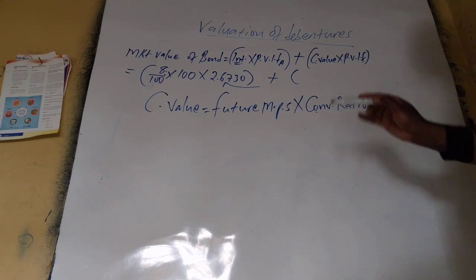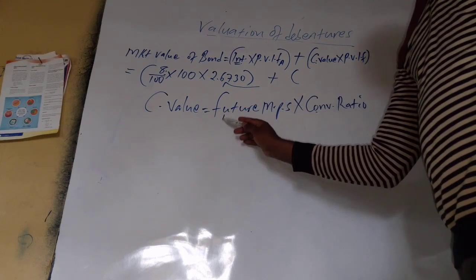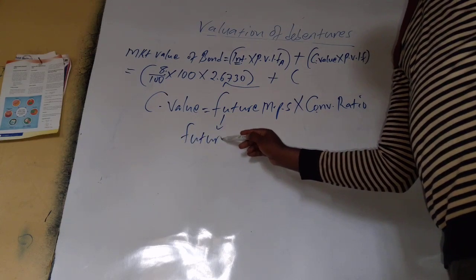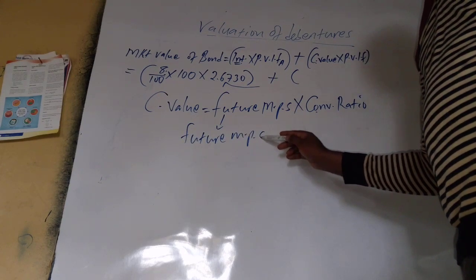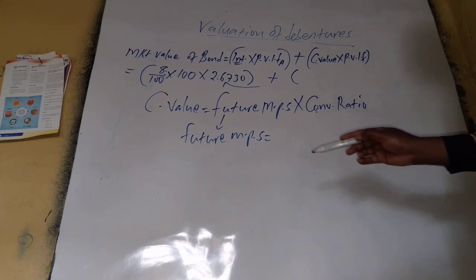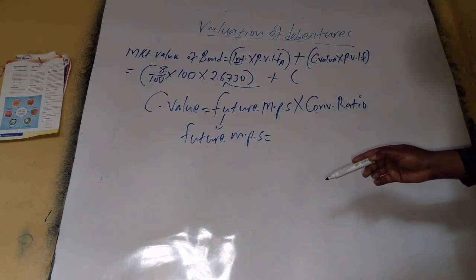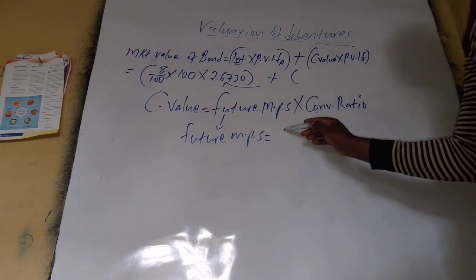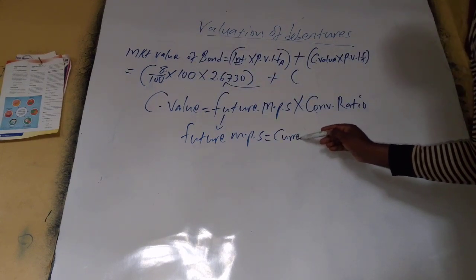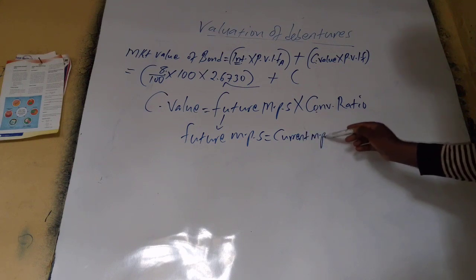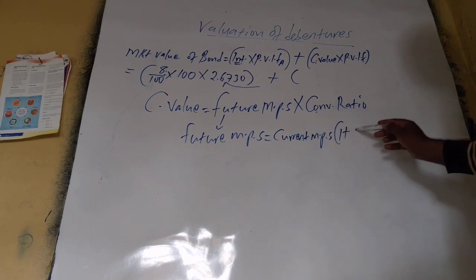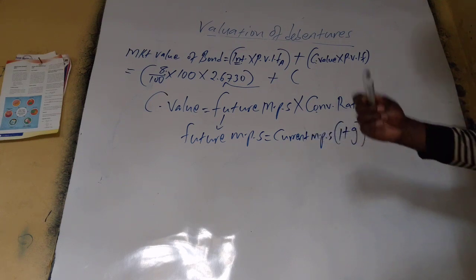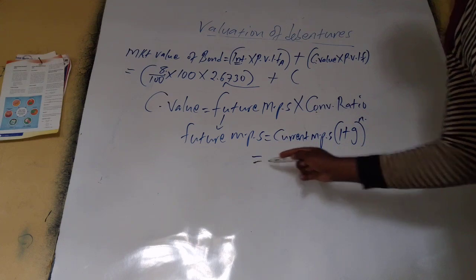Conversion ratio. And this future market price per share is equal to, remember we are converting the bond into shares, so this future market price is given by the current market price per share times 1 plus growth to the power of the number of years. How long does it take for you to convert it?